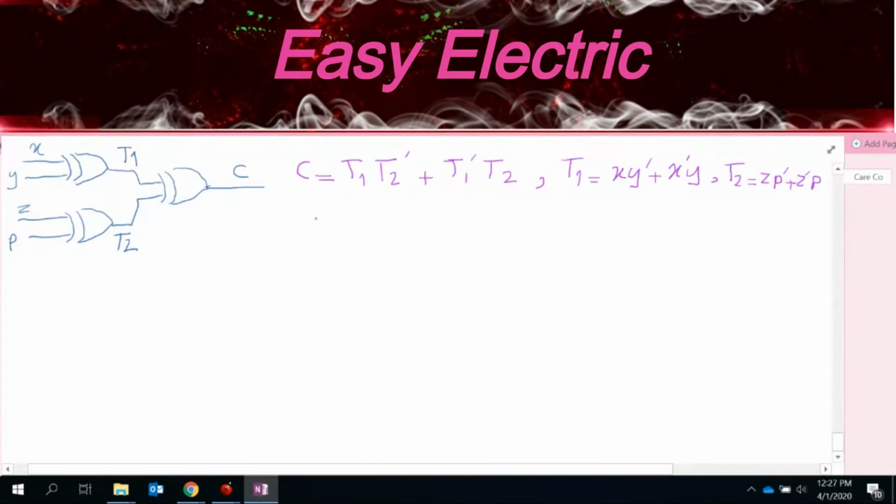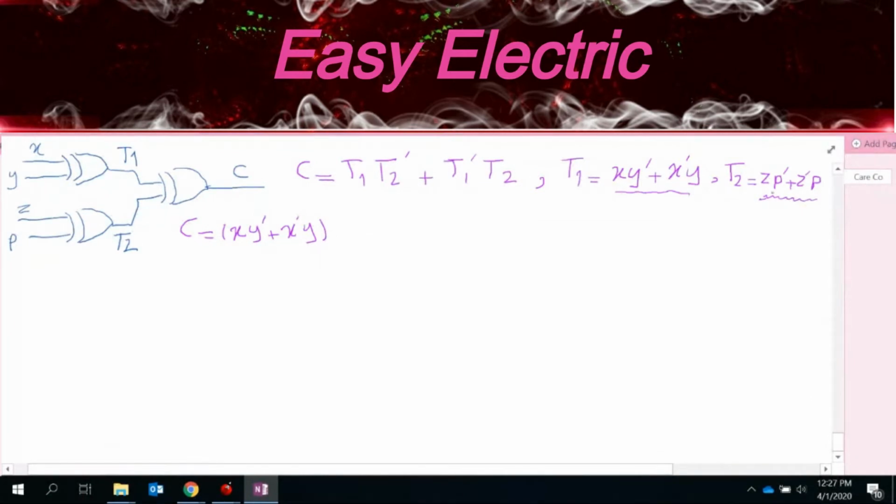So let's do that. So first, if I replace T1, here I write C equals T1, which is whatever you see here, okay? So I just replace the xy prime plus x prime y. This is T1 times T2. This is T2. You need to use the De Morgan theorem 2 times, similar with the previous example.